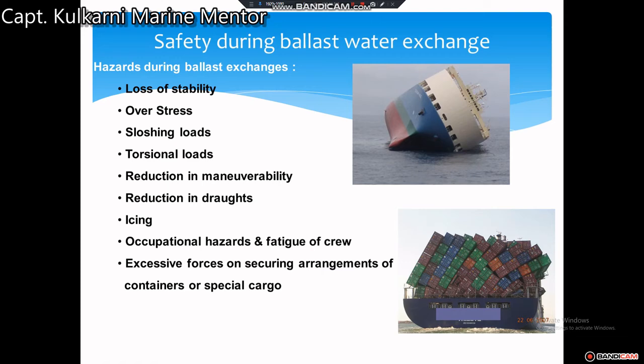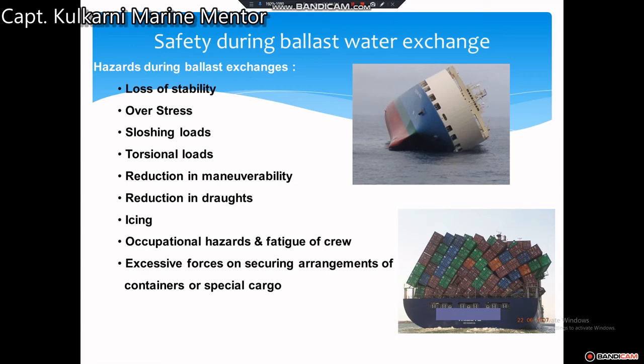Icing should not take place, otherwise pumping out that water, especially in an area which has ice, you have to be careful. Occupational hazard and fatigue of the crew: it should not be that people are working for very long hours and they are tired and their mind is not working in a correct manner.